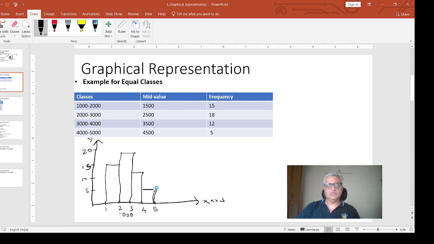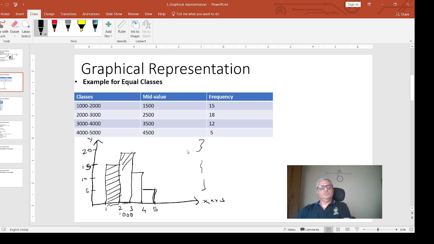So this is how my histogram will look. The area of this rectangle is proportional to the frequency of this particular class, and the area of this rectangle is proportional to the frequency of that particular class. So this is how a histogram would look.